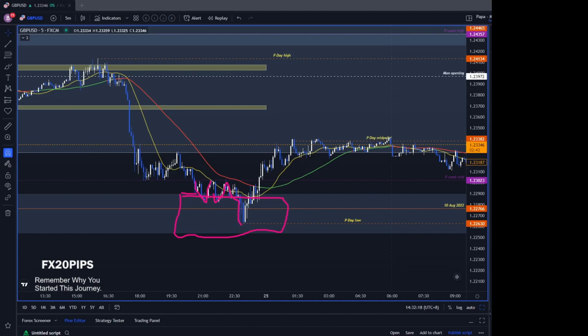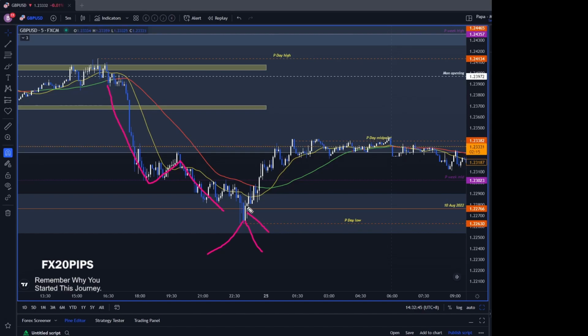A bearish candle, which some people would call an exhaustion candle because of the continuous selling, followed quickly by a bullish candle. This is a continuation.